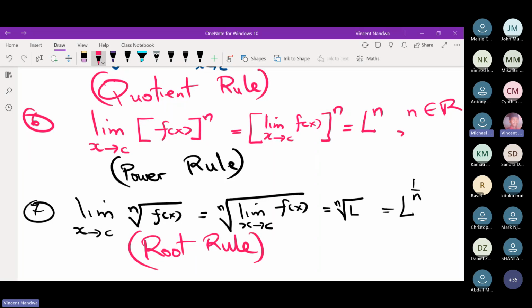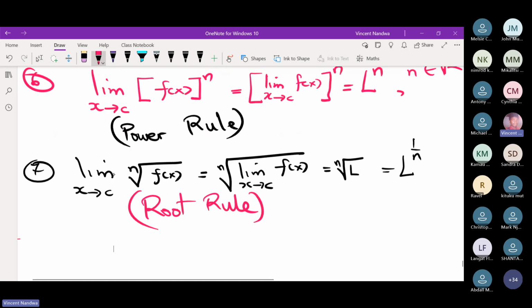Once we have stated the properties, theorems or laws of limits, we now give examples to illustrate how to apply them. Okay, maybe number 8, just to make things clearer. The limit as x approaches c of k is always k.